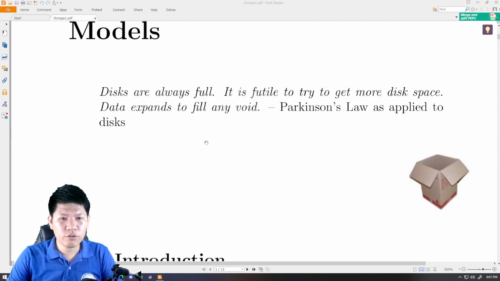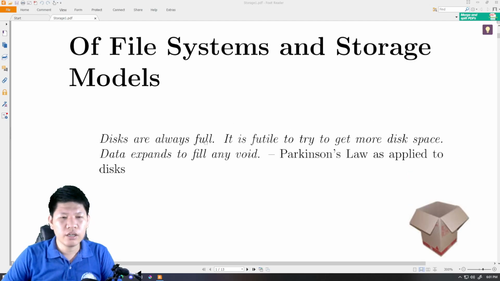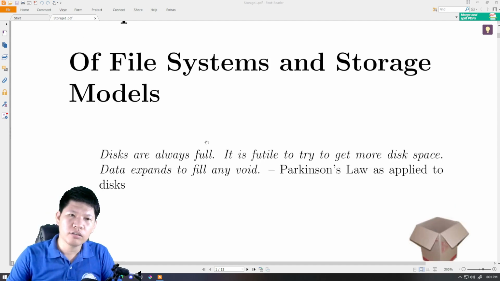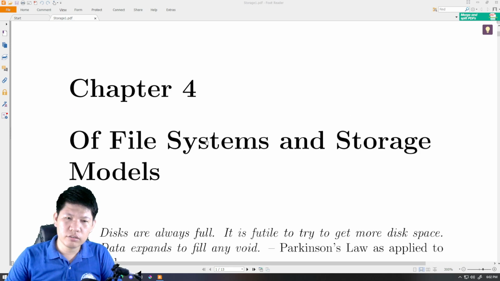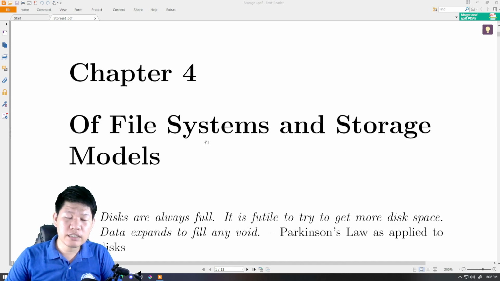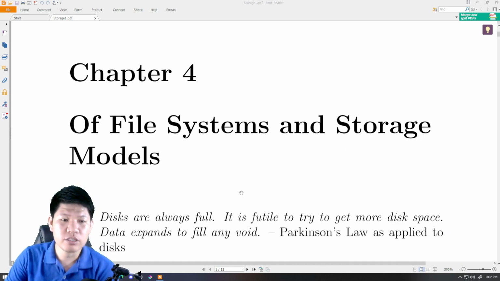Okay, so for this session, our discussion will be more on storage systems or file system and storage models.